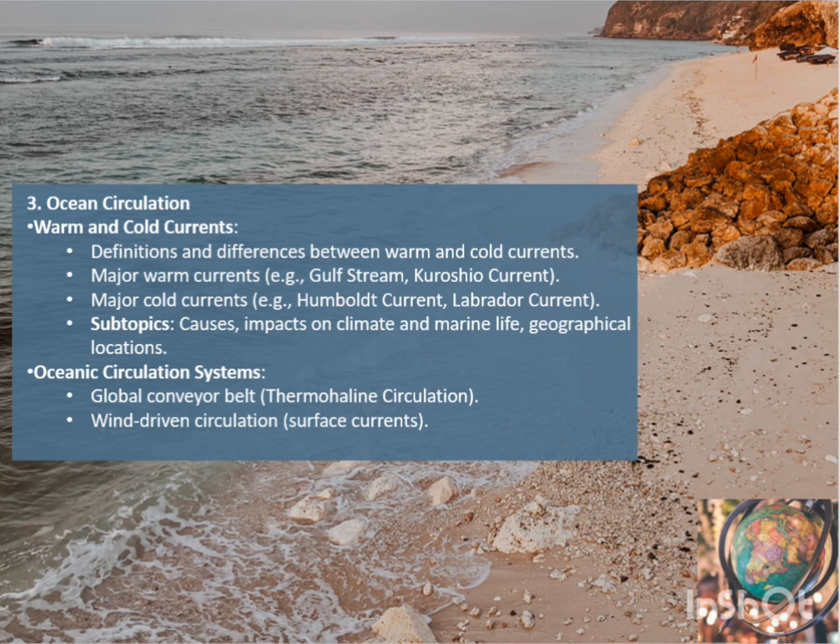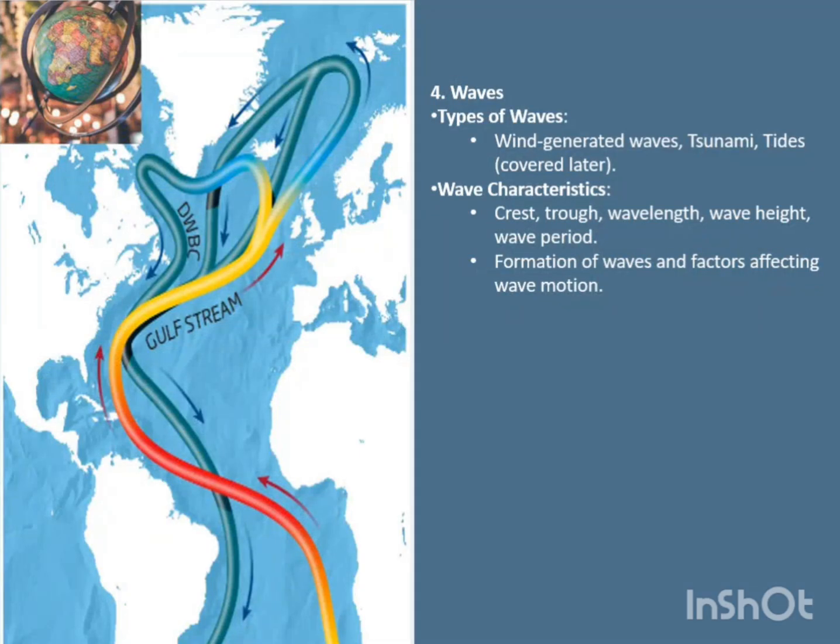Warm and cold water currents not only affect marine ecosystems but also play a key role in influencing weather patterns across continents. Let's talk about waves. Waves are generated primarily by winds and they travel across the surface of the water. Here, what you need to remember: wave characteristics and tsunamis.